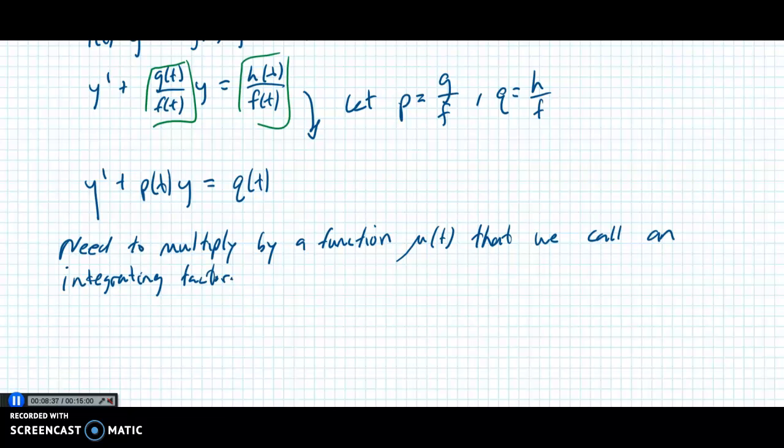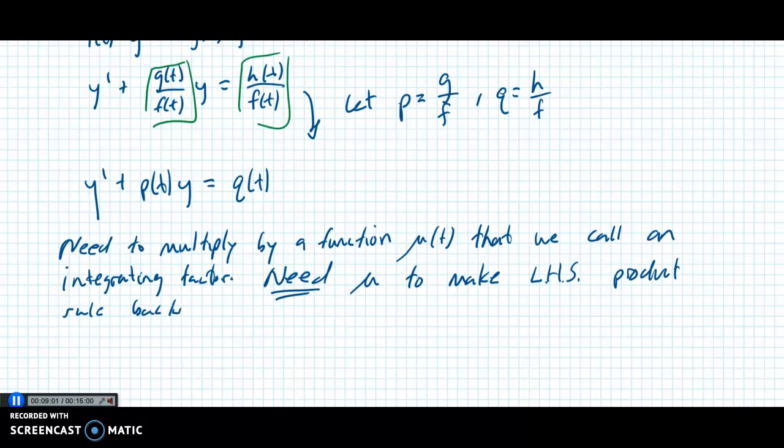I don't know what mu is yet, but I need the mu to make the LHS, that's left-hand side of the equation, product rule backwards. So what we were doing up top.